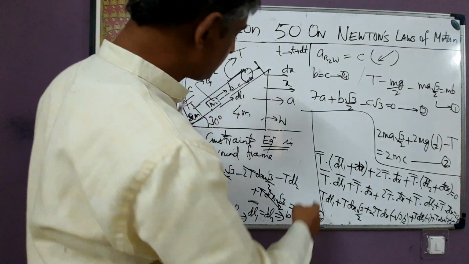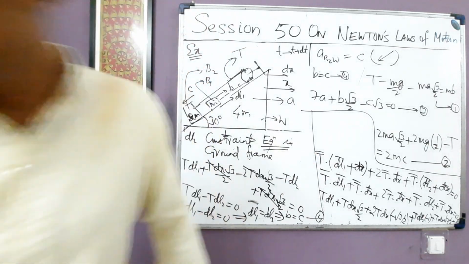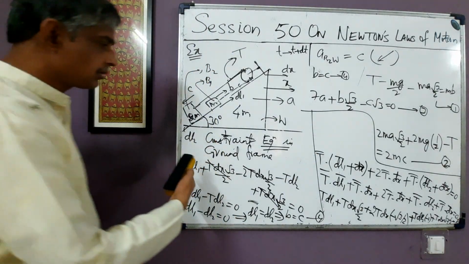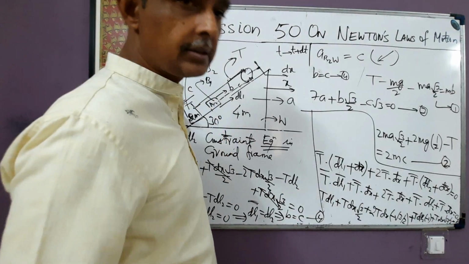So see, we have obtained a constraint equation in the ground frame. It was quite lengthy. Now we can simplify this. Now what I'll do, I'll write down the constraint equation in the wedge frame. That will be much easier.